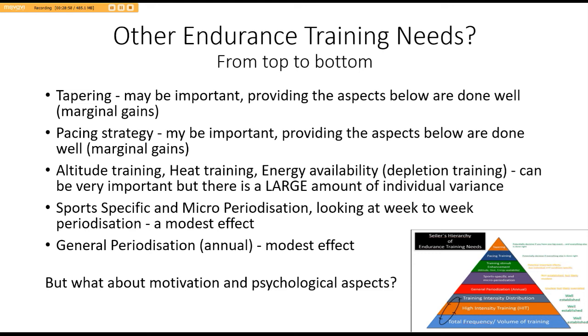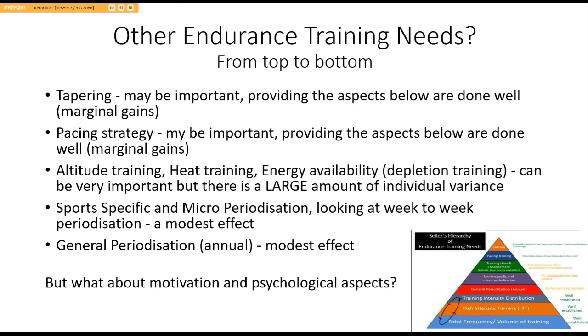Beyond this, we look at other factors up here. Tapering at the top, Seiler indicates it may be important, providing the aspects beneath it are done well. So marginal gains. Pacing strategy, again, marginal gains.